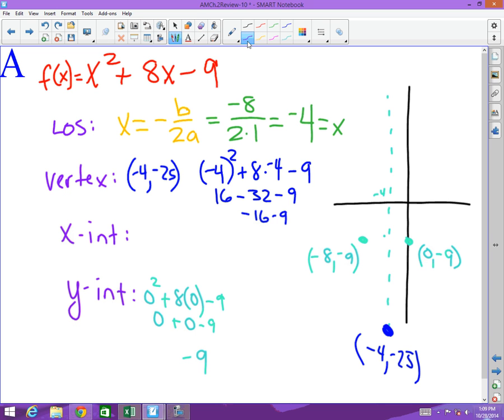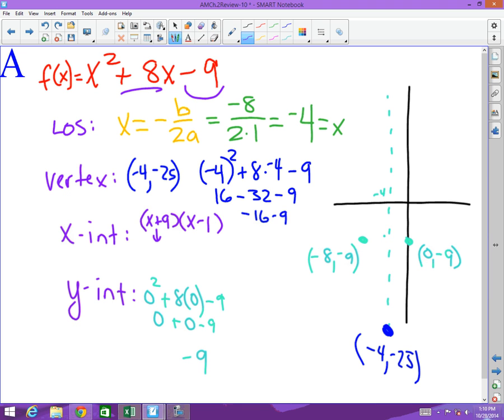And finally then the x-intercepts. If you can factor it, you should try factoring. If not, then you would turn to the formula which was written up there just a minute ago. So this would become factors of negative 9 that add to positive 8. And that would be x plus 9 and x minus 1.